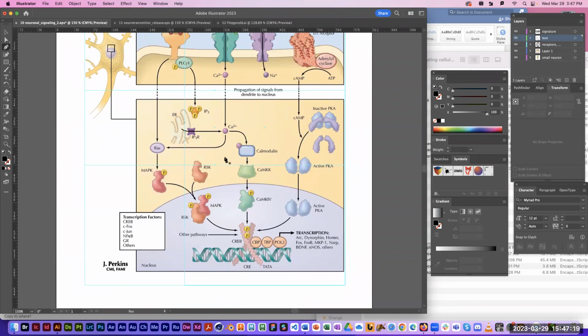There's something called calmodulin here, which acts as a kinase, calmodulin kinase, calmodulin kinase 4, MAP kinase, PKA, phosphokinase, all these different phosphorylated proteins that ultimately then behave as transcription factors, or they activate transcription factors inside the nucleus, leading to the transcription of a whole bunch of different genes that are listed over here.